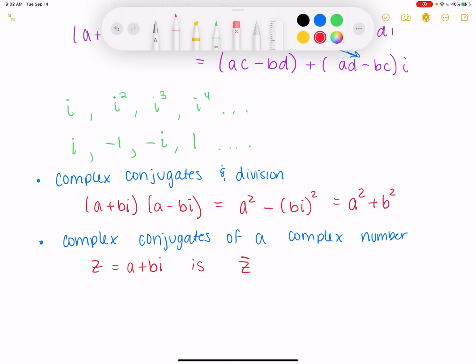It is equal to a plus bi with a line over it, which means we're taking the conjugate of it, which is equal to a minus bi.